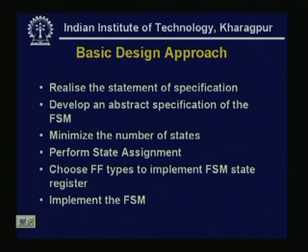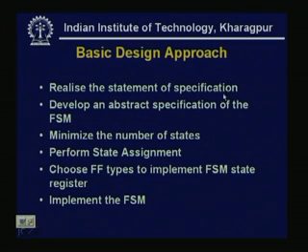That part we have done: if 0 1 0 comes, then only it will generate output, otherwise not. But it is valid until the 1 0 0 pattern arrives. If 1 0 0 arrives, then this condition is not valid. That means, even if 0 1 0 comes after 1 0 0, the output will not be 1.